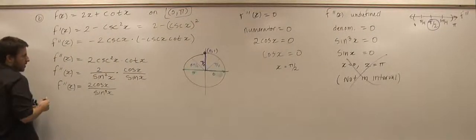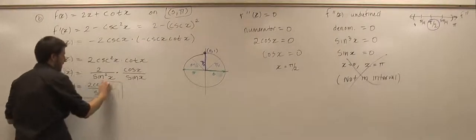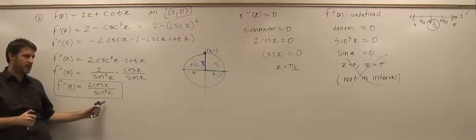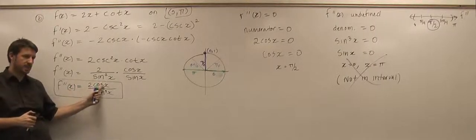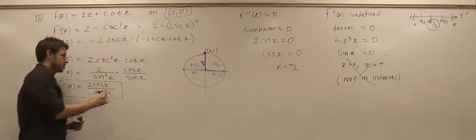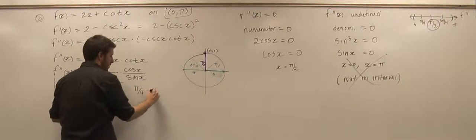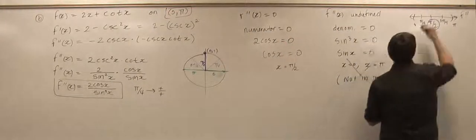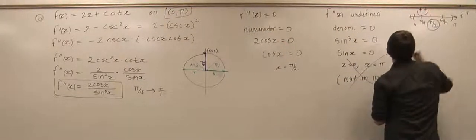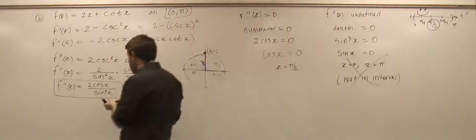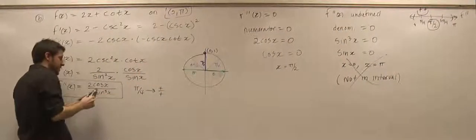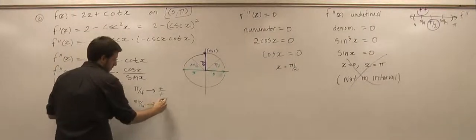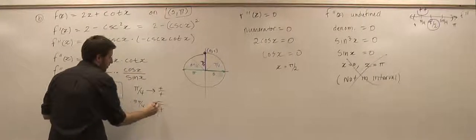And again, I'm really only concerned about positive or negative, so you don't have to work too hard. If you put pi over 4 in here, you're in the first quadrant, so cosine's positive and sine's positive. So at pi over 4, we get positive over positive. At 3 pi over 4, you're in the second quadrant, cosine's negative. So it'll be negative over positive.